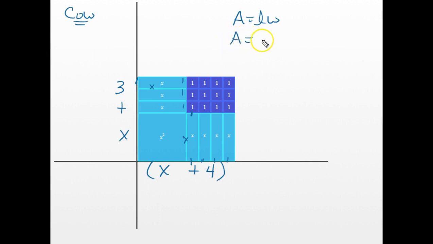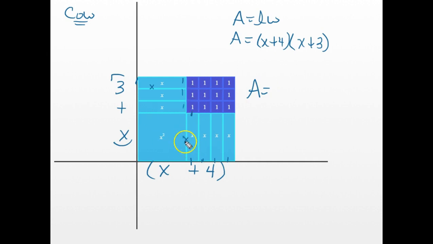So I'm multiplying x plus 4 times this side length, which is x plus 3, and I can do this one of two ways. If I have an area model, I can simply combine like terms in order to determine the area of the entire figure. So I'm going to start with my variables.